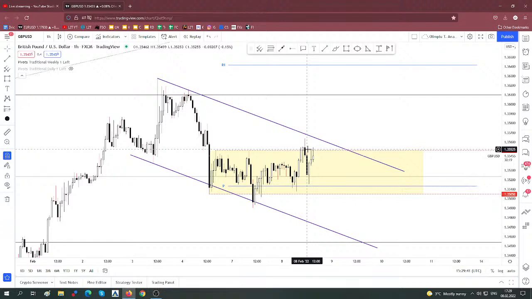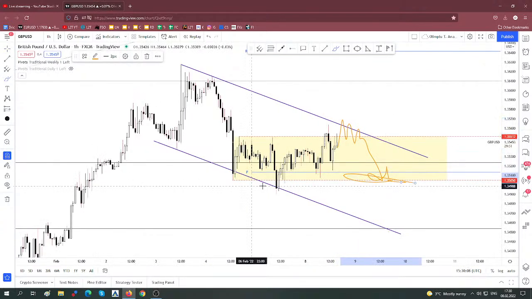So I'll wait for a valid breakout from this range as well before taking action, in my opinion. Because also, test, retests, false breakouts could signal a potential drop at least towards this level.